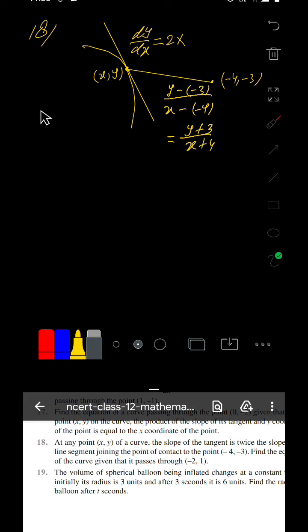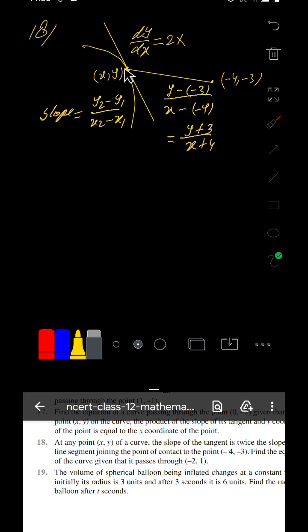Since the slope of a line segment joining 2 points x1 y1 and x2 y2 is given by y2 minus y1 upon x2 minus x1, using this formula we have found the slope of this line segment.